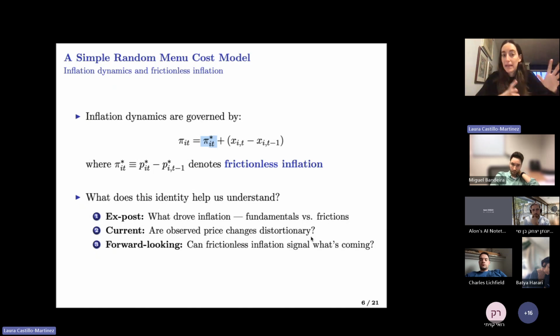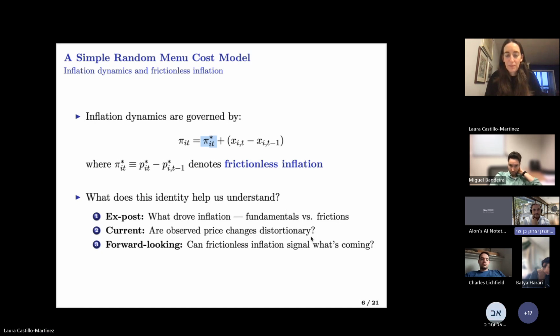That's going to be picked up by my frictionless inflation measure. I would need a more complicated model to be able to estimate it, and depending on how complicated it is, we could accommodate it. We're just starting with a benchmark menu cost model, the simplest version. Basically it's anything else that's not the menu cost friction that I have in this type of model.